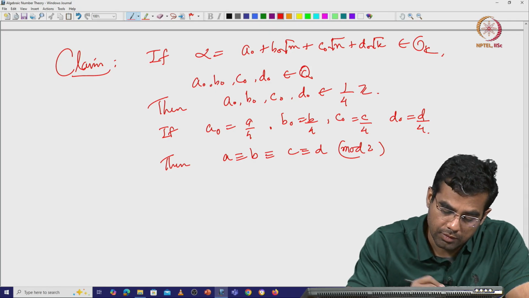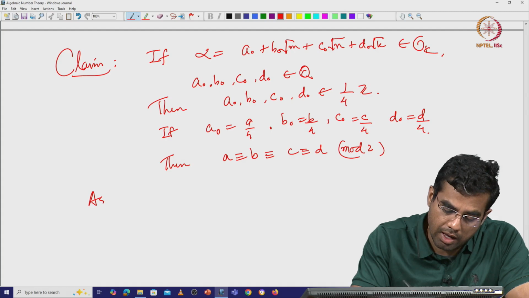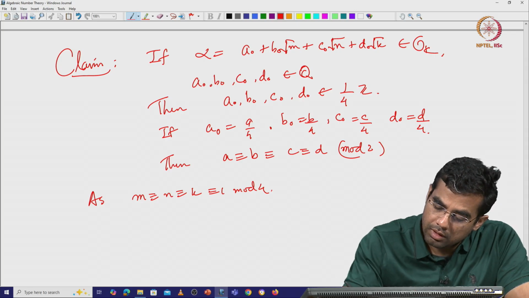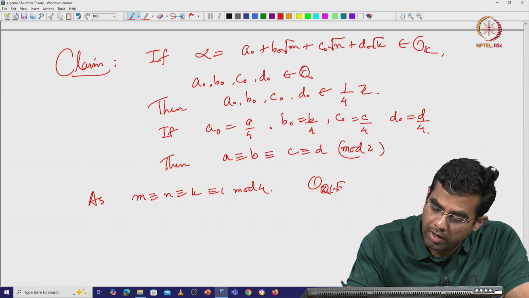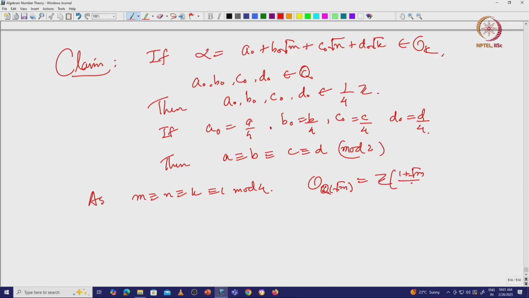What we know is that, as m is congruent to n is congruent to k is congruent to 1 mod 4, the ring of integers of Q(√m) is Z[(1+√m)/2], and similarly for Q(√n) and Q(√k), right.